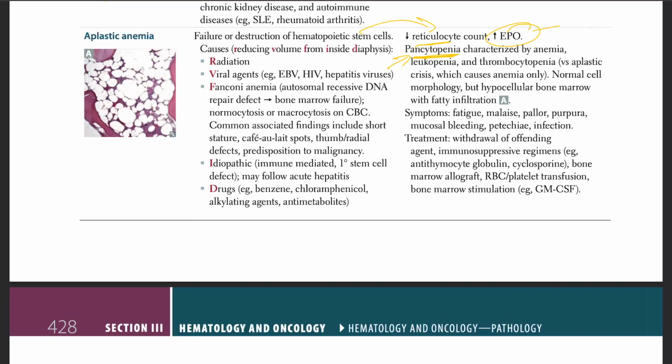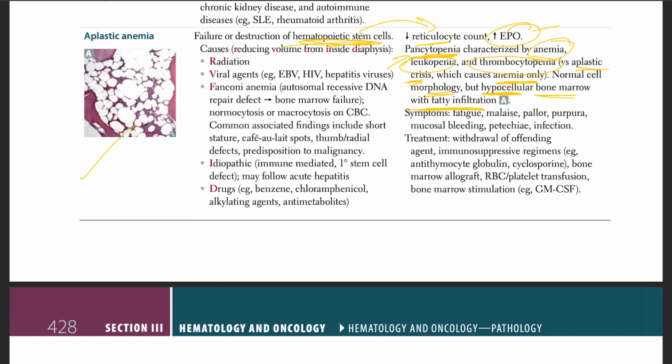Pancytopenia is characterized by three things: anemia, leukopenia, thrombocytopenia, versus aplastic crisis, which causes anemia only. You have a normal cell morphology, because you're not talking about morphology here. We're just talking about the destruction of the stem cell. And very importantly, they will say hypocellular bone marrow with fatty infiltration.